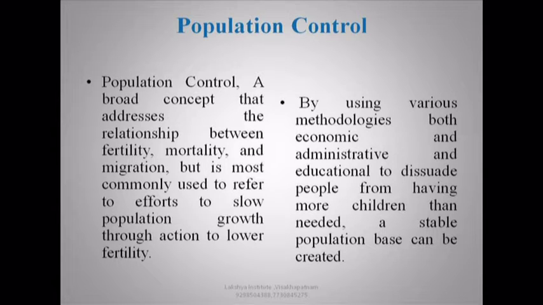An important example of this would be allowing people the free choice on procreative matters. By using various methodologies, both economic and administrative and educational, to dissuade people from having more children than needed, a stable population base can be created.